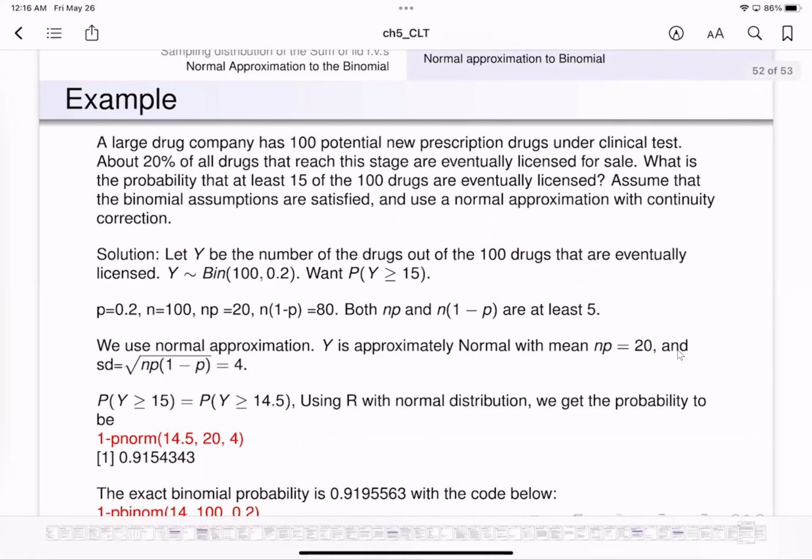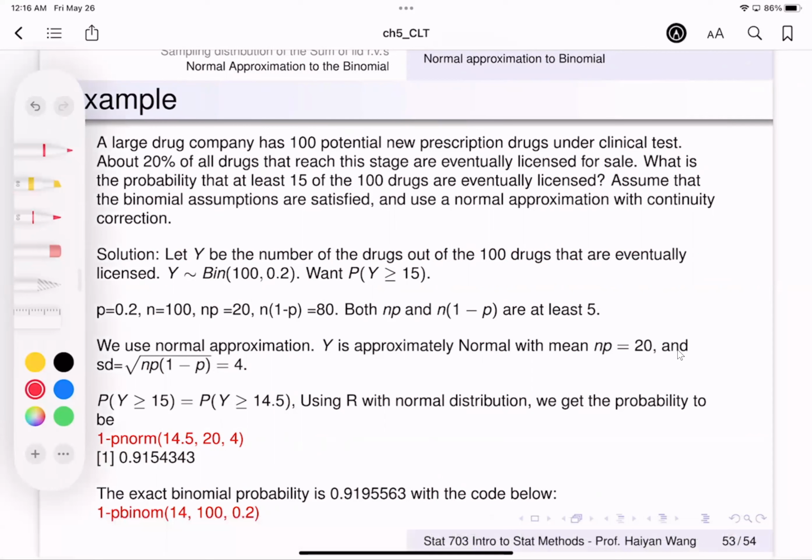The number of those that eventually get licensed is a random variable y, and this y follows the binomial with 100 trials and 0.2 as the success probability. We want the probability of y greater than or equal to 15.